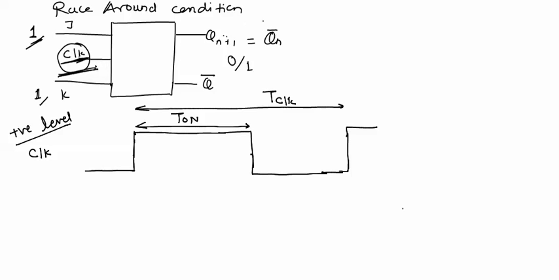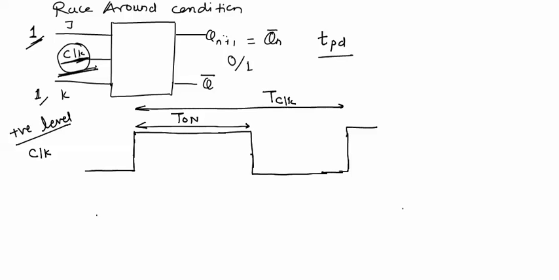So there will be some time delay between the time when the input is applied or the flip flop is triggered and the time at which the output changes, and this time difference is called TPD, the propagation delay of the flip flop. Means after the flip flop is triggered, it will change output after some time, and this time delay is called the propagation delay of the flip flop.